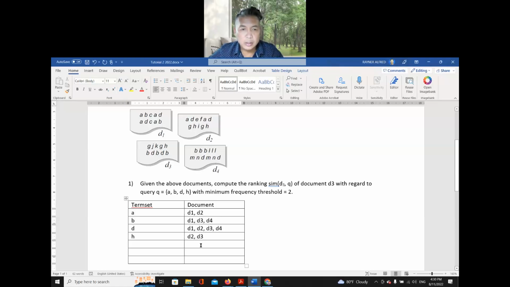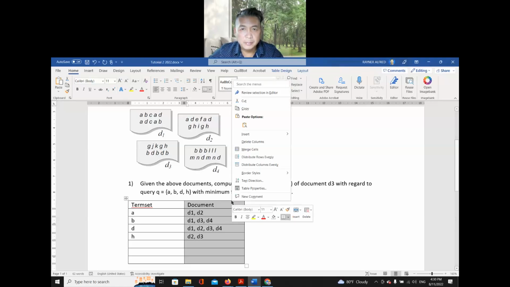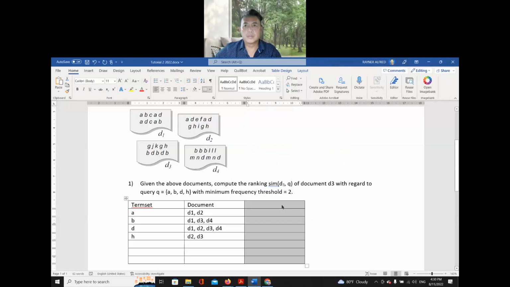Notice that all of these are frequent. So we have another column here, frequent term set. This is yes, this is yes, because we have two or more documents that consist of that term set.